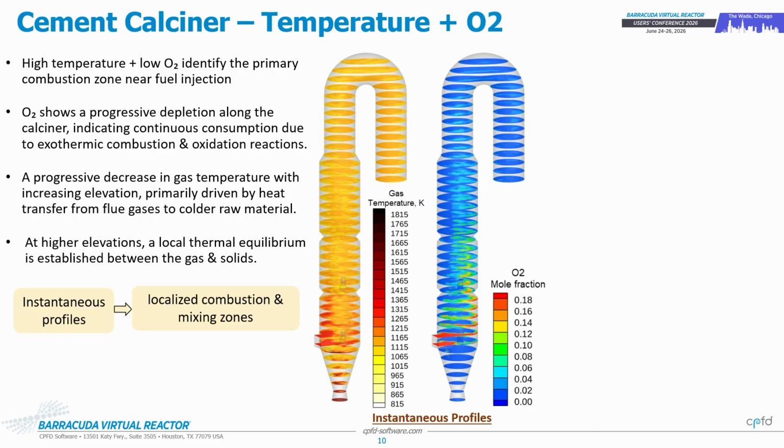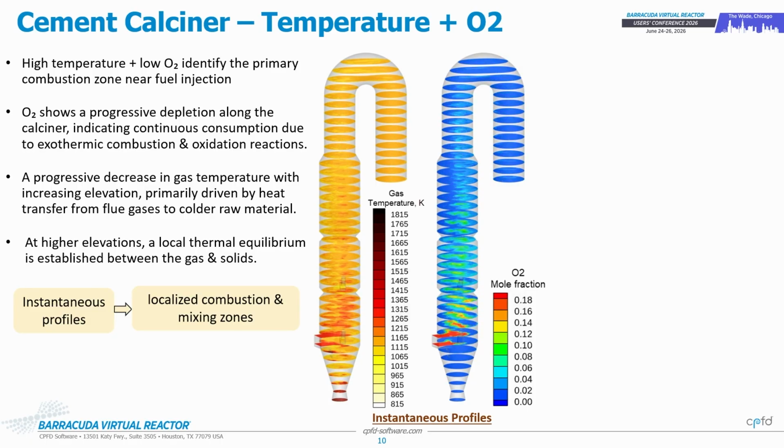And what we can see here is the tertiary air coming in, and we have the coal injection, so you see some peak temperatures. With these instantaneous profiles, we are able to identify the key combustion zones, the key temperature hotspots, and where the oxygen is being consumed, both axially and radially. We are able to make that analysis.